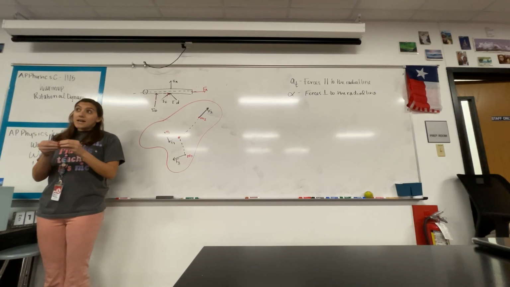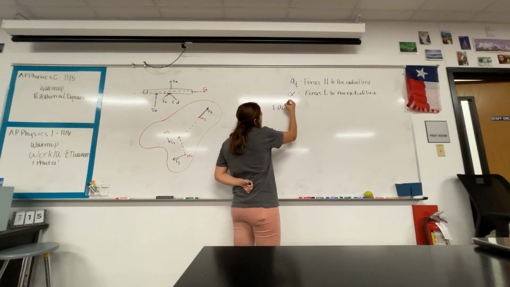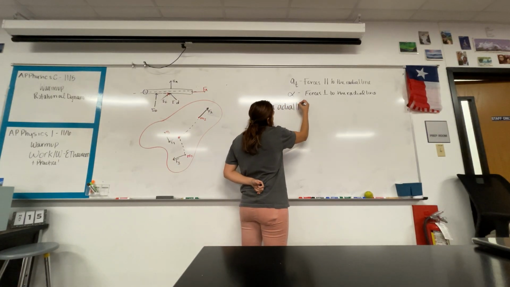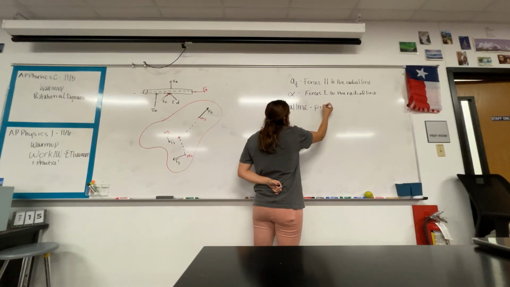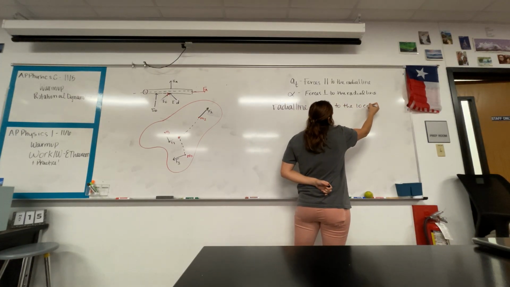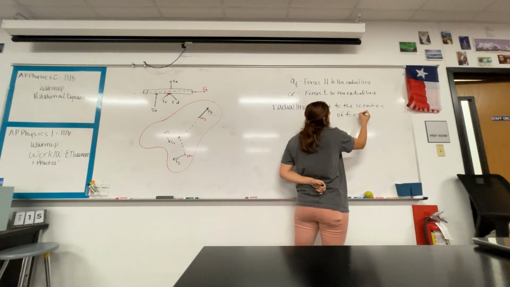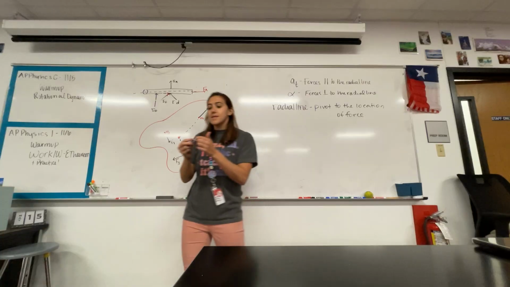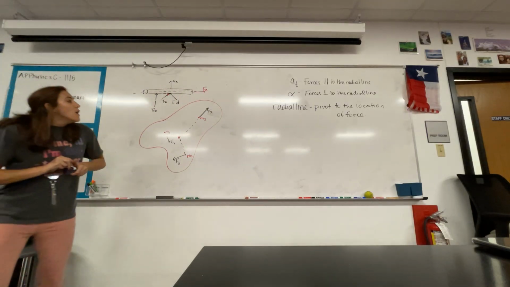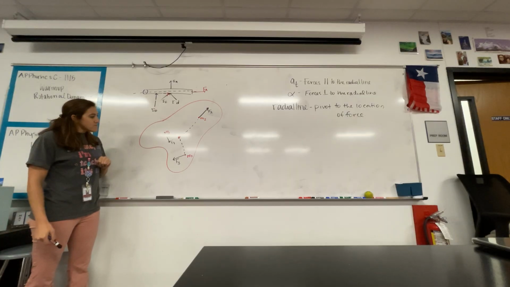So a radial line, in case we need to define it, is from the pivot to the location of the force. So my force for my amorphous blob here is occurring at these 3 particles spread throughout the object. Okay?